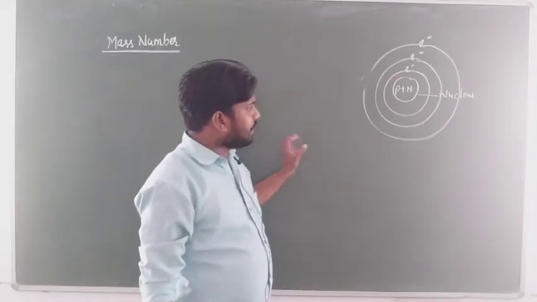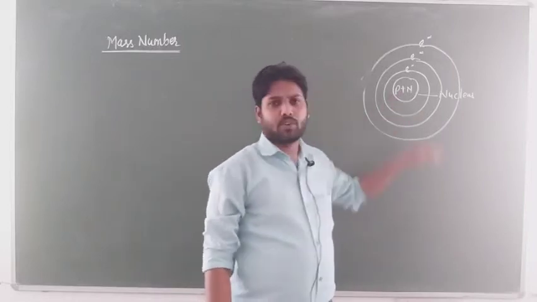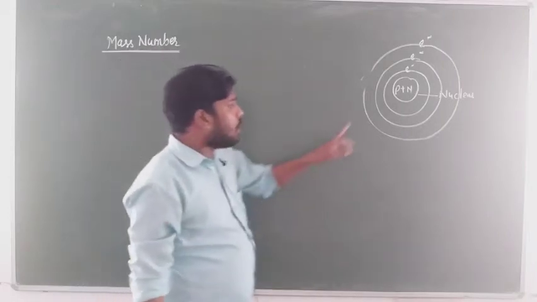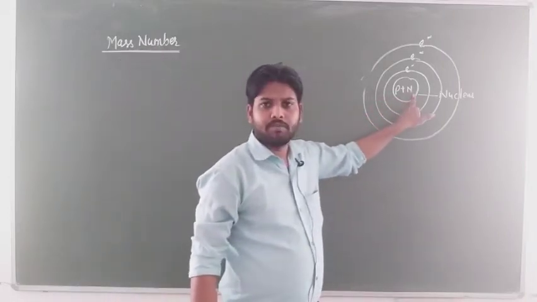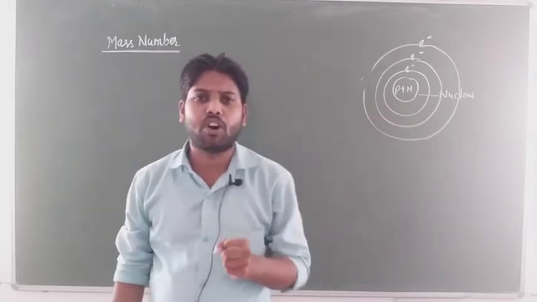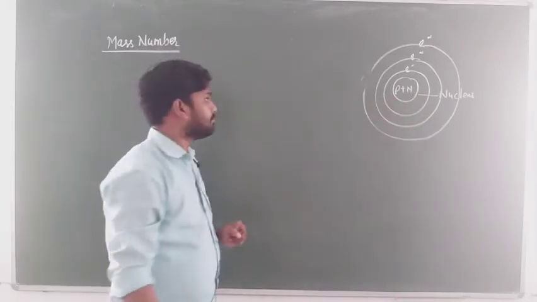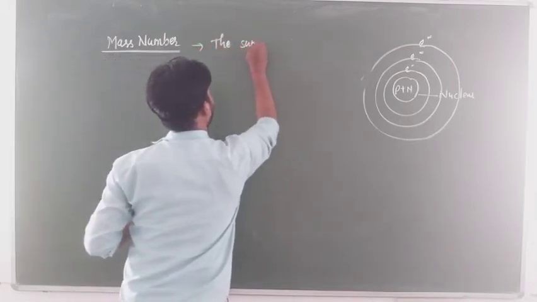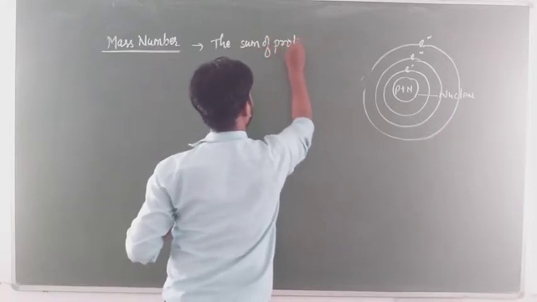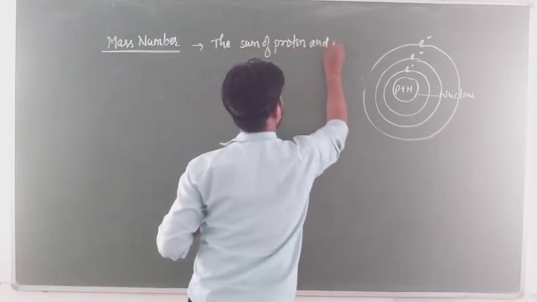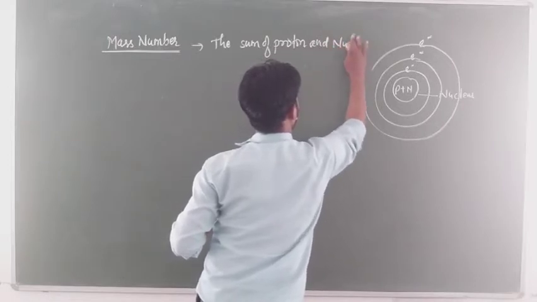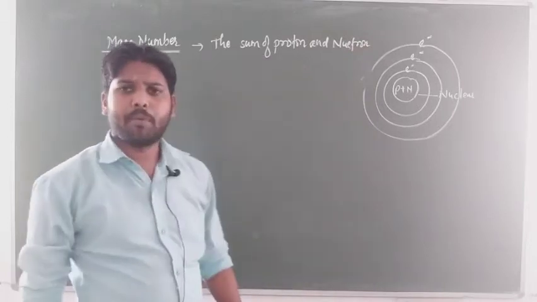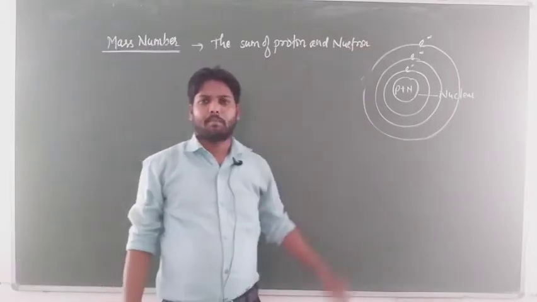But children, if we calculate their masses, the sum of proton and neutron is called mass number.